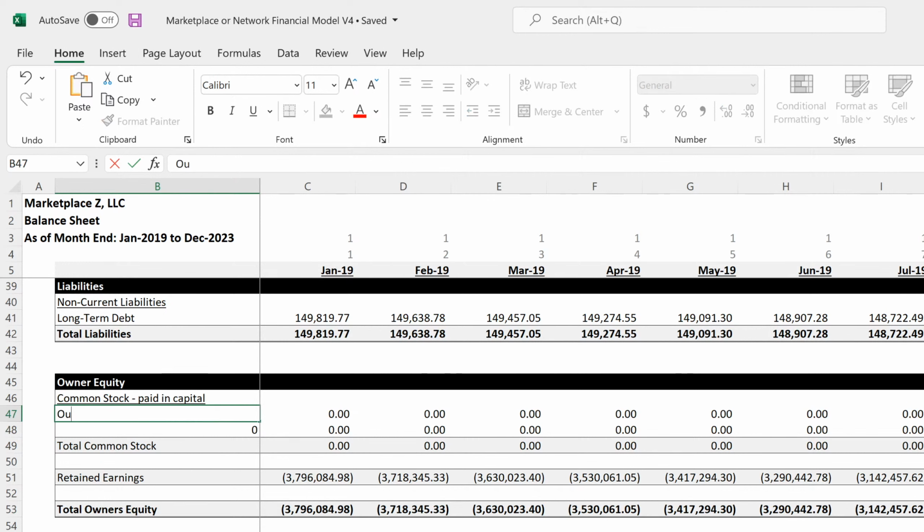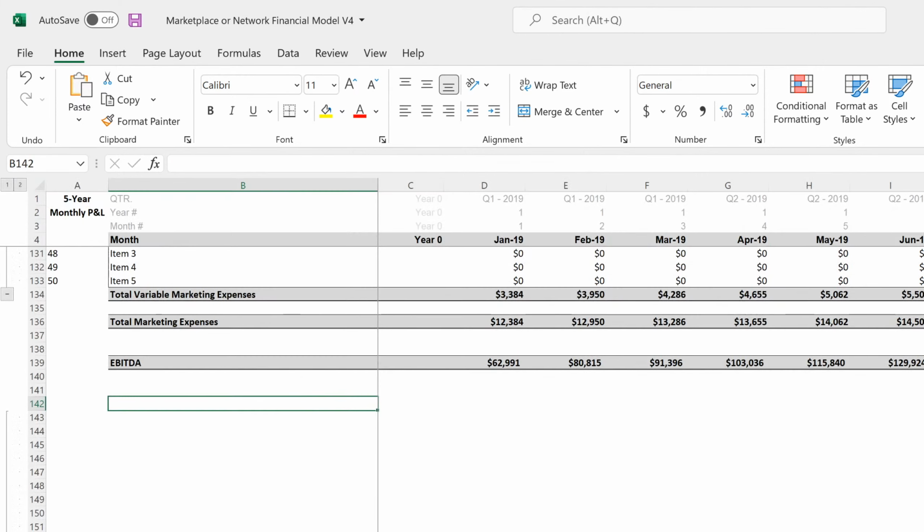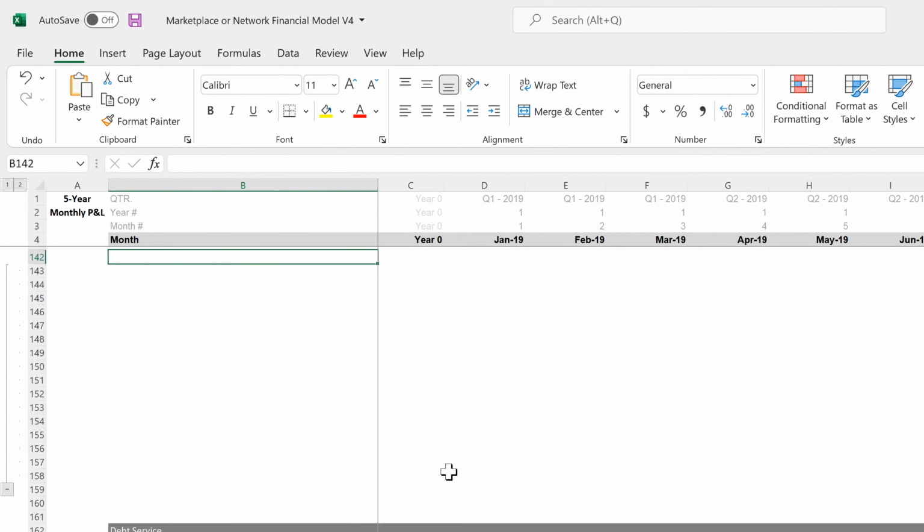It's going to be outside investors, inside operators, owners. So we'll get to this in a second, but right now, so we can get a good cash flow requirement, first of all, let's delete rows 141 to 158.